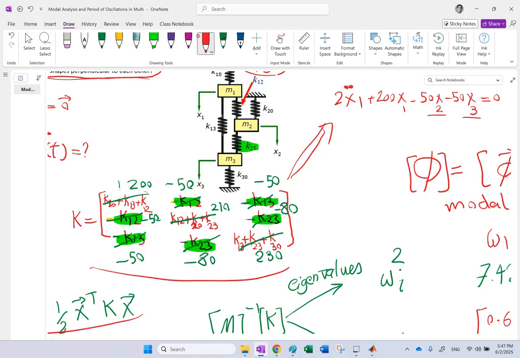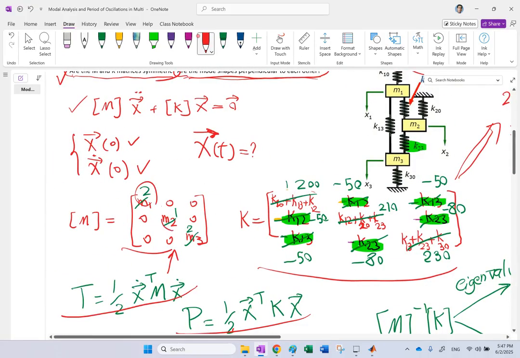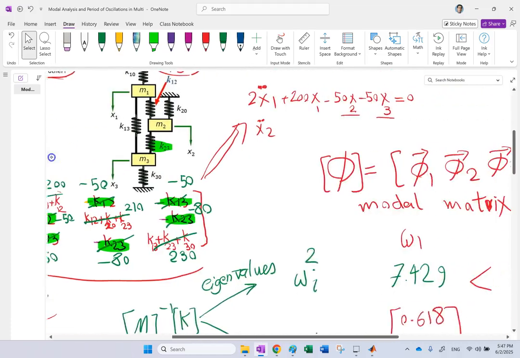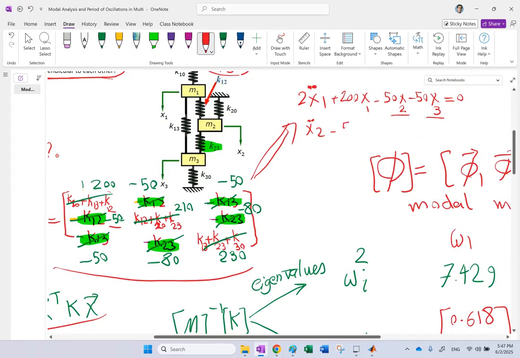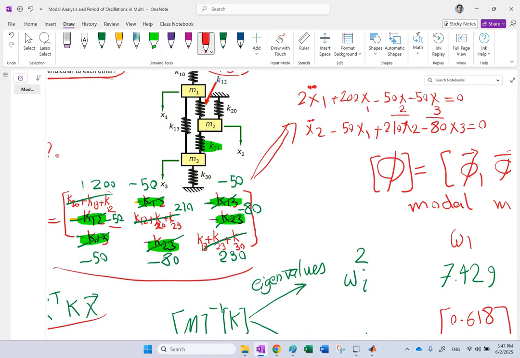Or the second one, if you look at the second row, it is 1 times x2 double dot. You might say, where do you get this 2 and 1 from? They are coming from the M matrix. So that one, and then minus 50 x1, and then plus 210 x2, and minus 80 x3, that is equal to 0. You see that?